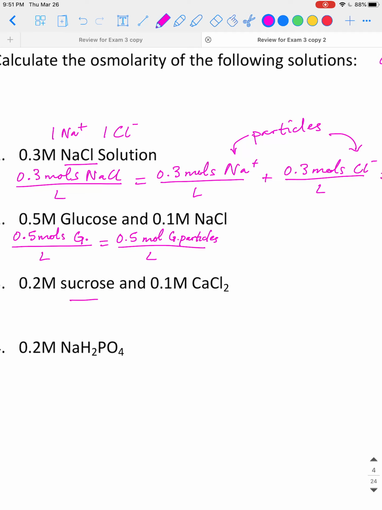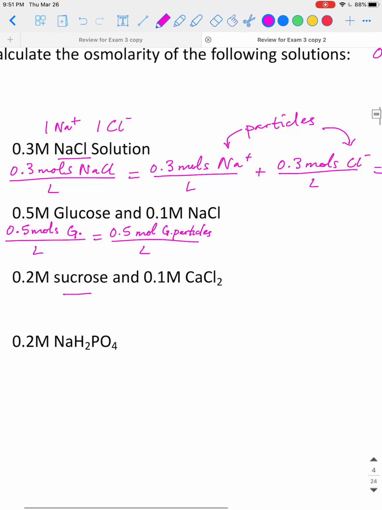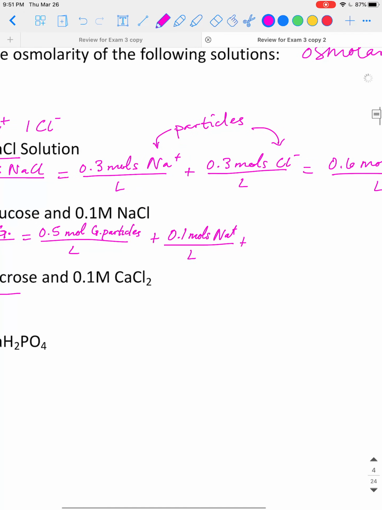Okay, then if I have 0.1 molar NaCl, we'll do the same thing we did in part 1, we just have a different molarity. So we would say plus 0.1 moles of Na plus, because that's one type of particle we'll get per liter, plus 0.1 moles of Cl minus particles. It's another type of particle, the anion.